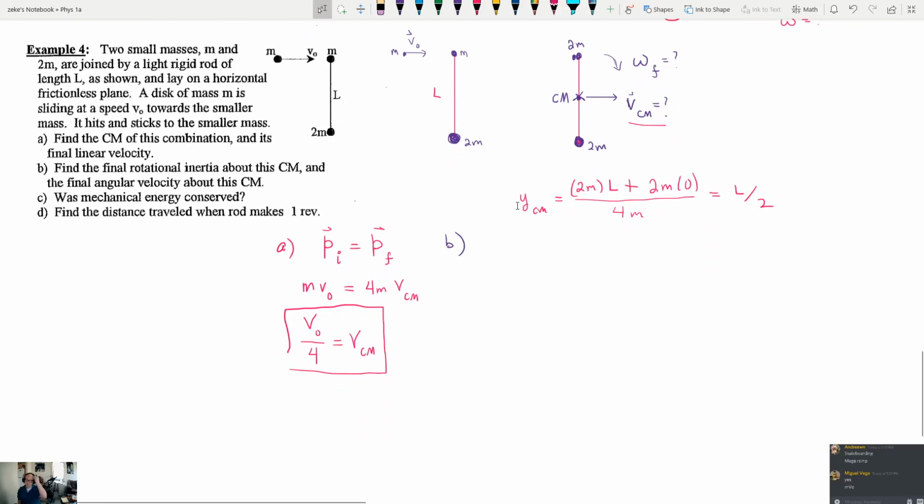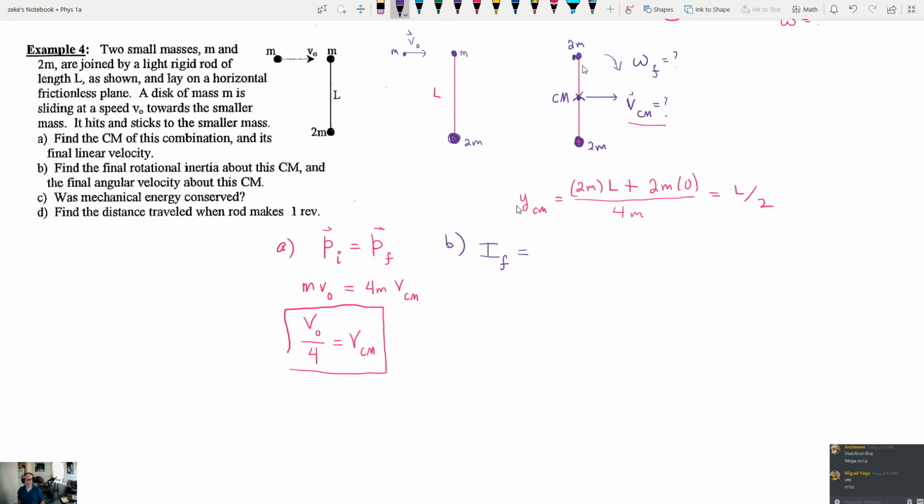Okay. Part B says, find the final rotational inertia about this center of mass and the final angular velocity about this center of mass. So final rotational inertia is the moment of inertia. I final, in this case, is going to be equal to... So we need to know the moment of inertia about the center of the object, right?